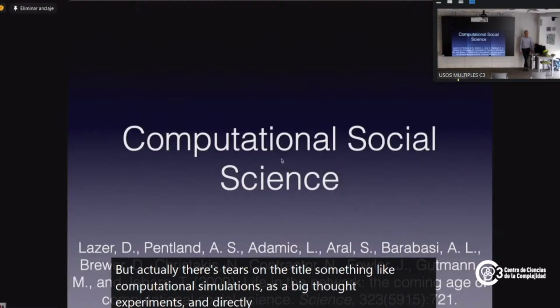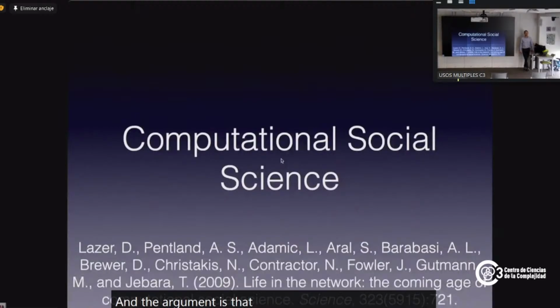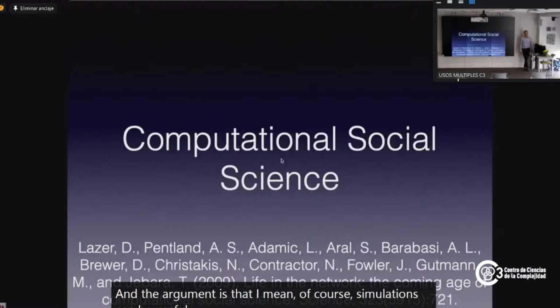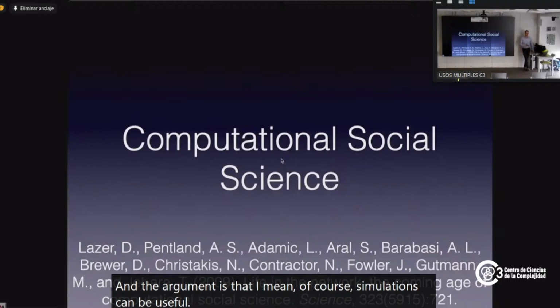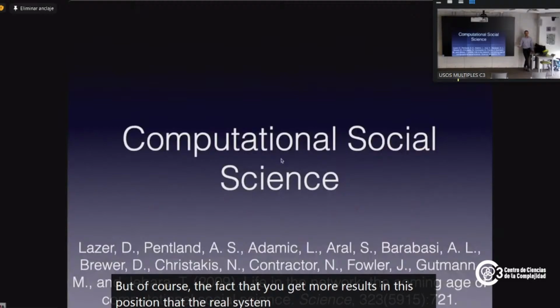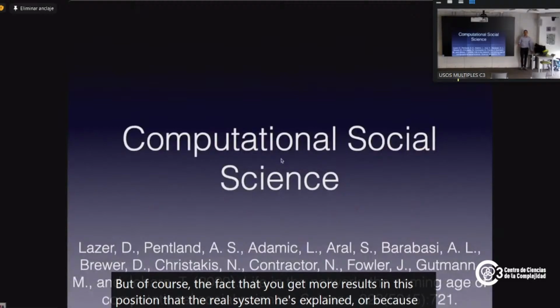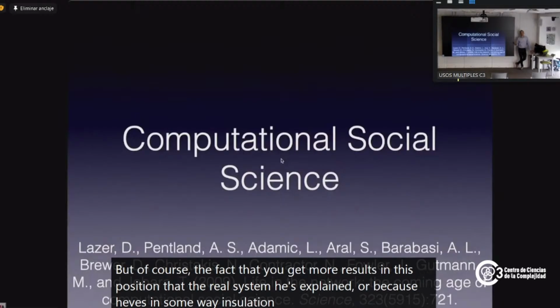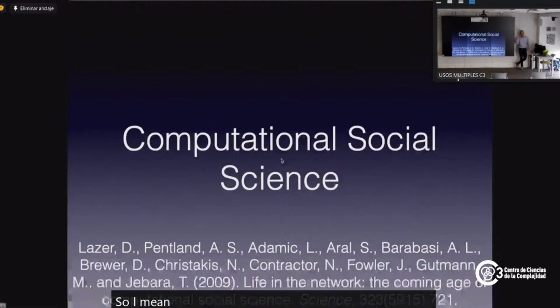And their argument is that, of course, simulations can be useful, but the fact that you get similar results in a simulation doesn't mean that the real system is explained or behaves in the same way as a simulation. So, this can be seen in a very abstract way.